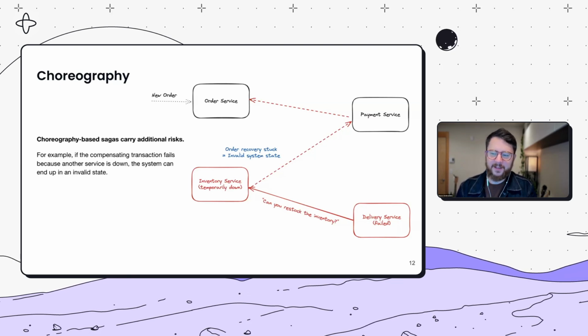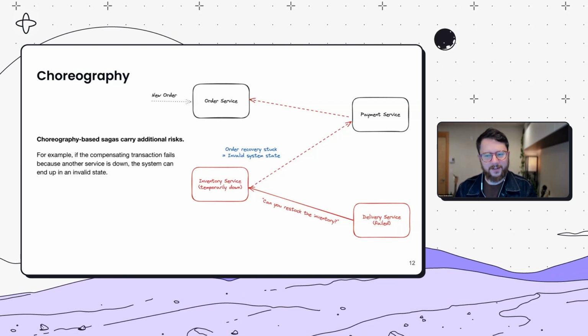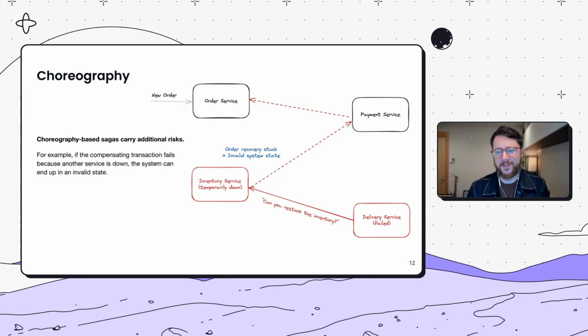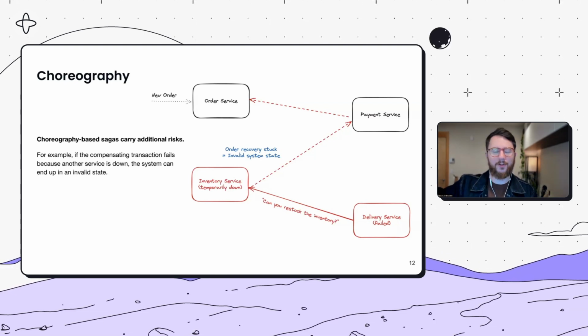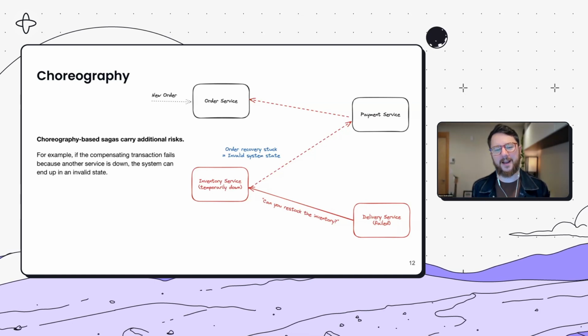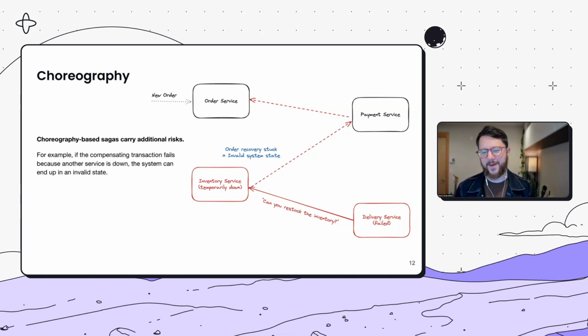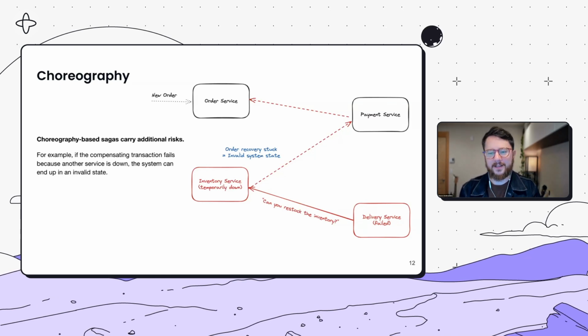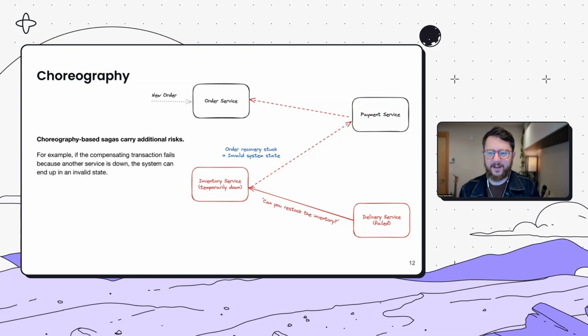Well, the delivery service thinks it's failed. The inventory service doesn't know anything. It's down. The payment service and the order service think it succeeded because it took an order and a payment succeeded at that point. So we end up with this kind of weird system state. And this is what we're trying to avoid as developers and operators of IT systems. The worst case scenario really is an inconsistent system state.